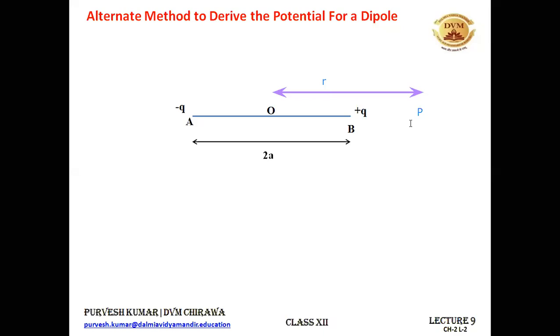All right. So this distance we know, r minus a, and the distance between minus q and point P, that is AP, is r plus a.